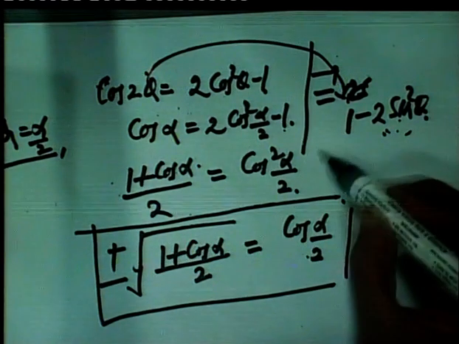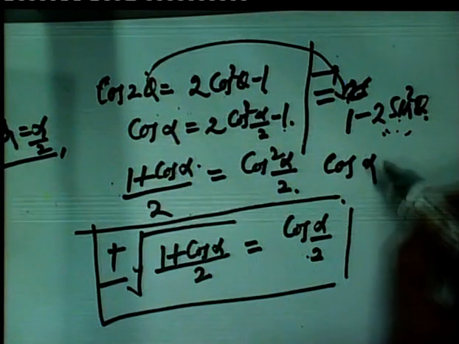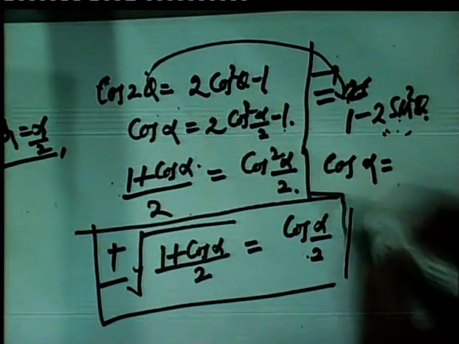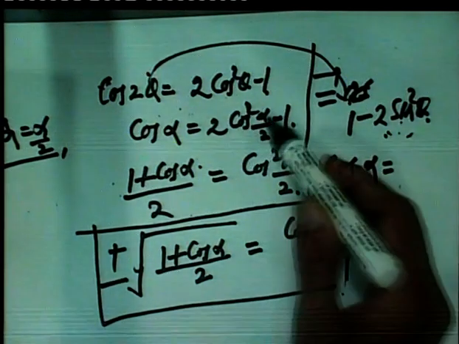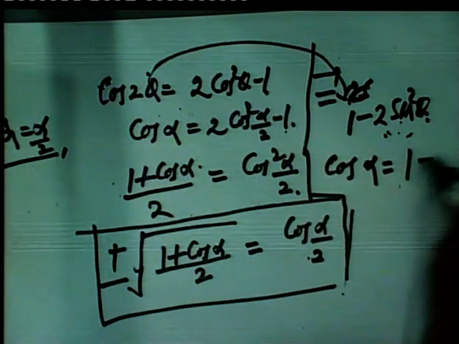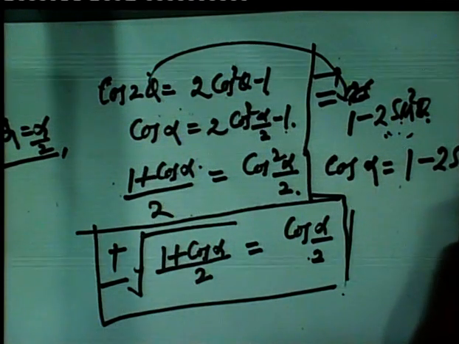So parallelly I can write cos alpha as 1 minus 2 sin square alpha by 2.